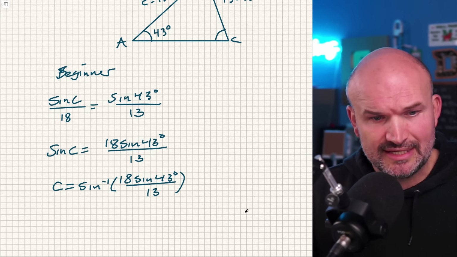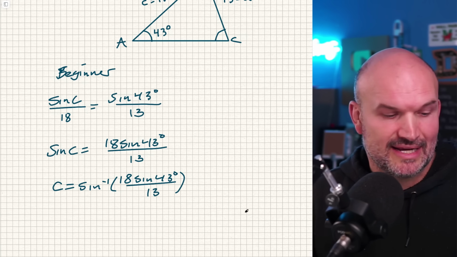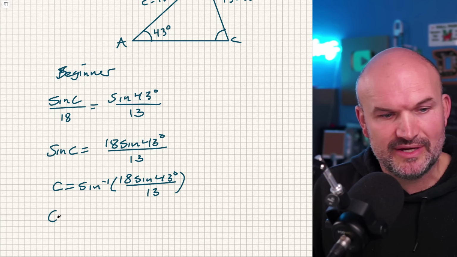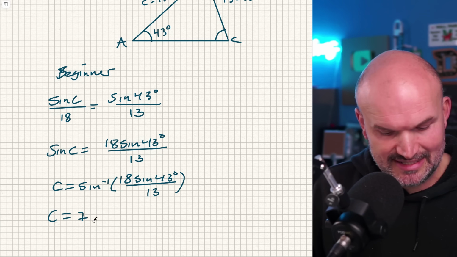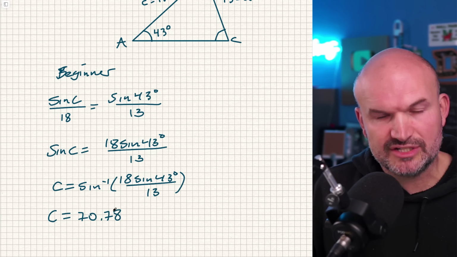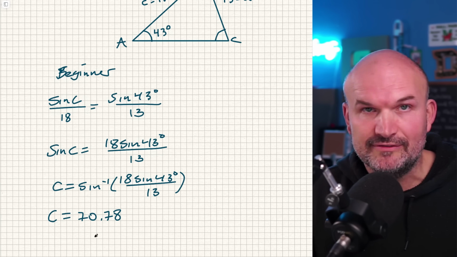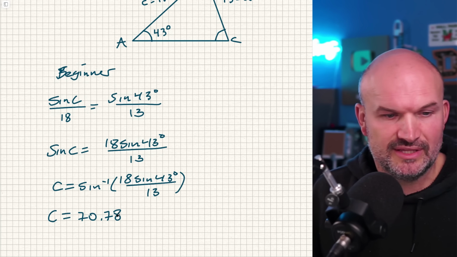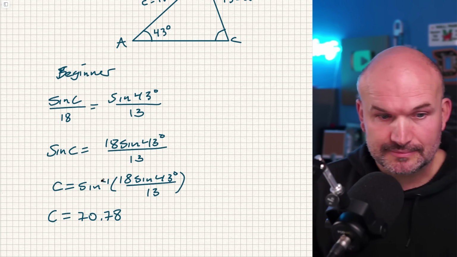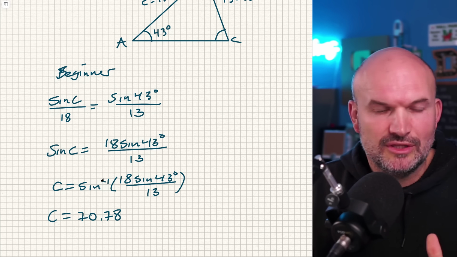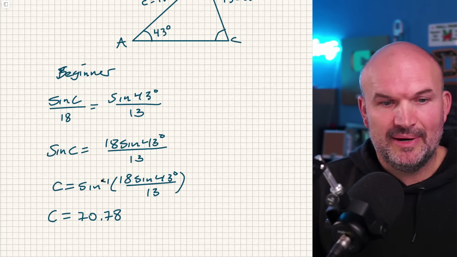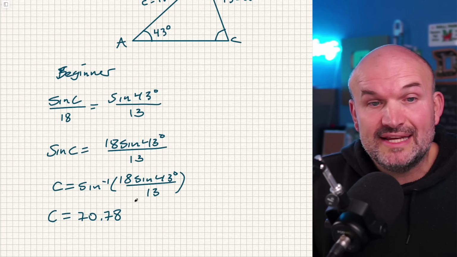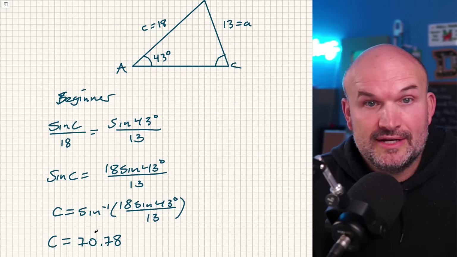And I always like to use the last answer function in my calculator. So therefore, I'm going to be left with C equals 70.78, and we're just going to truncate it. You could round it if you want to, but let's just truncate it for this example. Now, most students that do the law of sines are comfortable with this, but how do we know? Is this the only angle that works, or does this even work for our triangle?